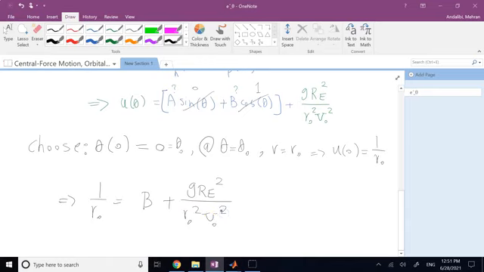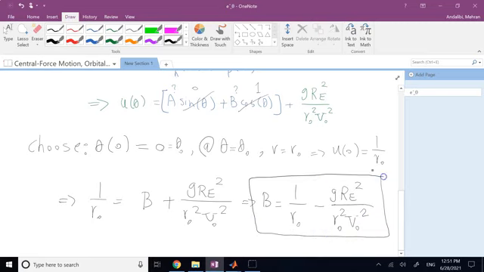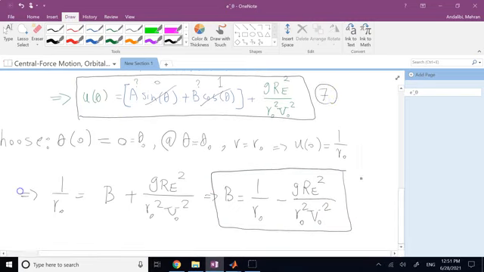Therefore, your b constant becomes 1 over r naught minus GRE squared over r naught squared v naught squared. There we go. I found one of them. Now let's number my equations again. That's 7. This is 8.